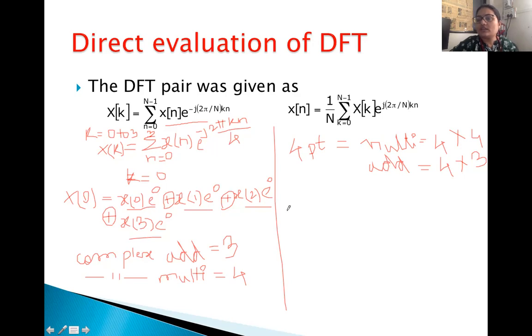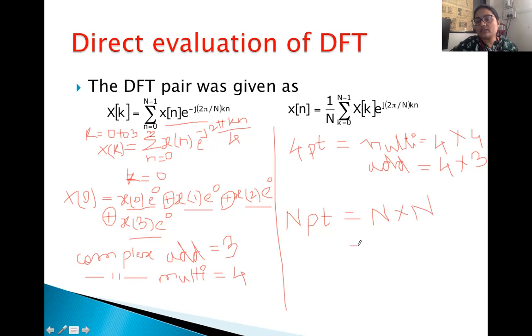Now we will generalize this case. I'm going to write for n-point DFT. For n-point DFT, how many complex multiplications will be required? As there are n points, so we will be writing n multiplied by n multiplications.